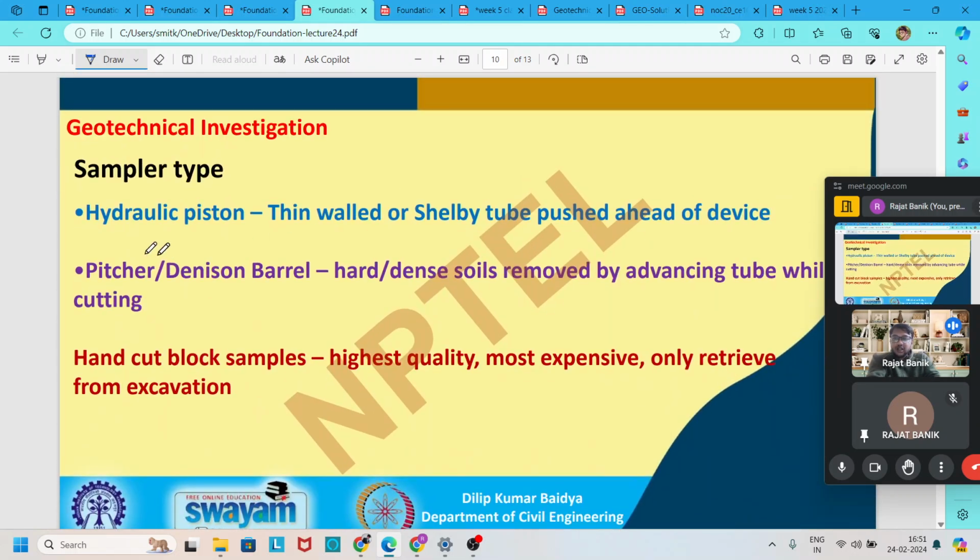Then there are different types of undisturbed samplers. One is the hydraulic piston sampler, which is a thin walled or Shelby tube pushed ahead of the device.